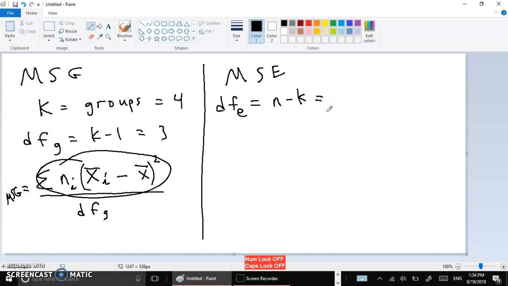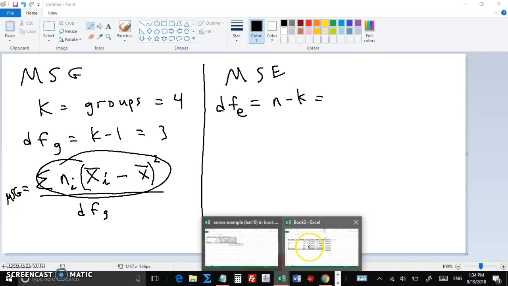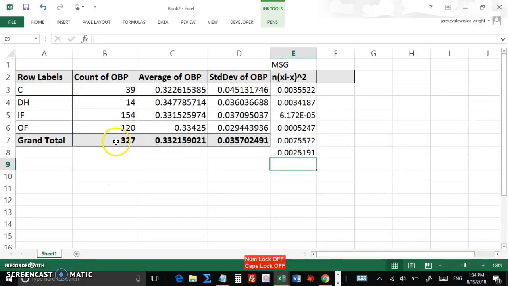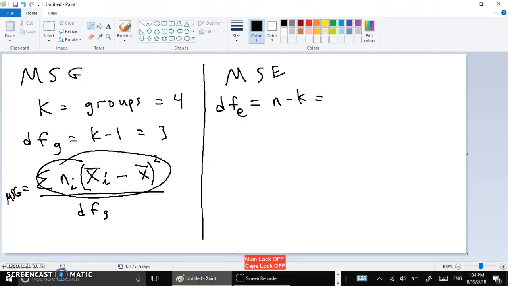If we go back to our spreadsheet, in this case the total number, n, is 327, and there are 4 groups, so it's just 327 minus 4, which is 323.